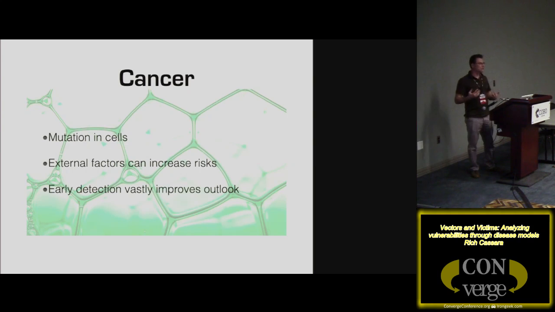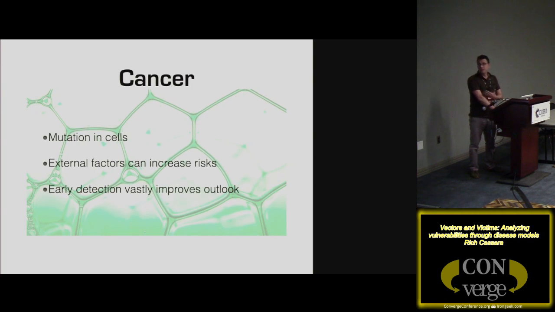Cancer obviously is an awful illness that can affect anybody at any time. Biologically, we have a mutation that starts within the cells of the body, and that mutation causes them to uncontrollably replicate themselves, form tumors, and choke off the rest of the resources in the body.